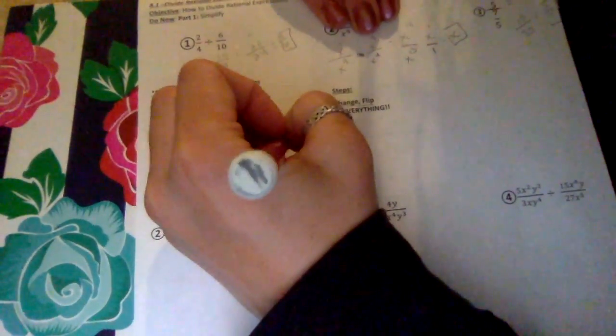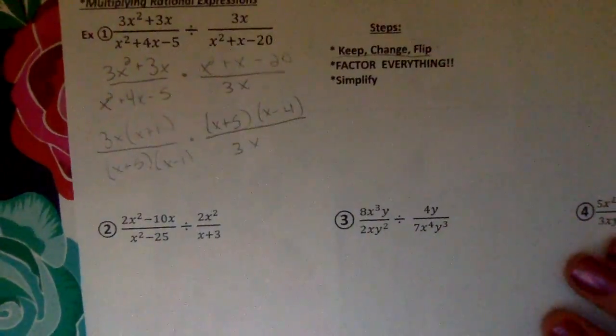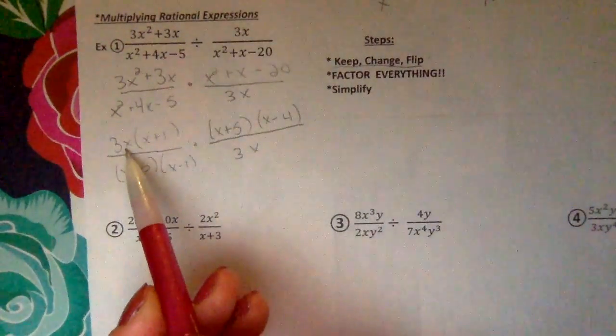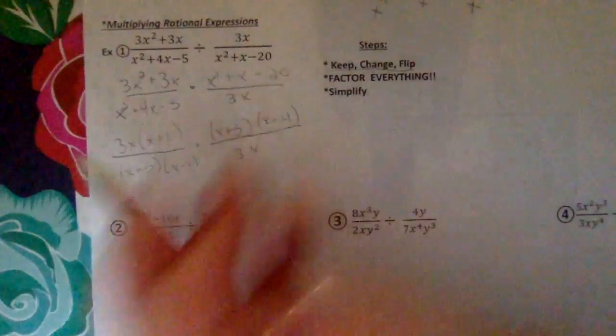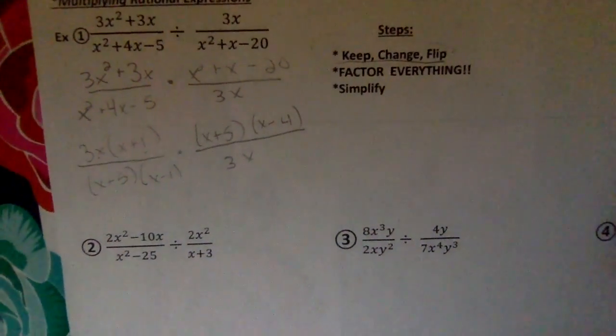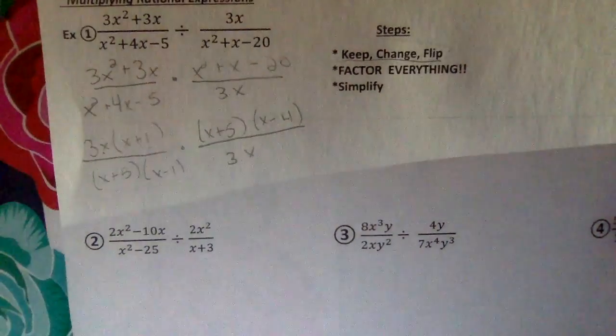Okay, so the first part I just took out the GCF. We couldn't do anything further. And the denominator I factored as well as the numerator. And the 3x, we can't do anything with that. So that just stays 3x.